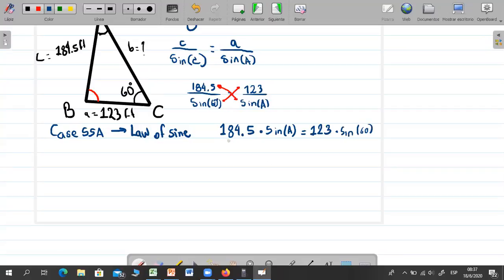So everybody with your calculator, remember that we want to leave sine of A alone. So sine of A equals 123 times sine of 60, all that divided by 184.5.